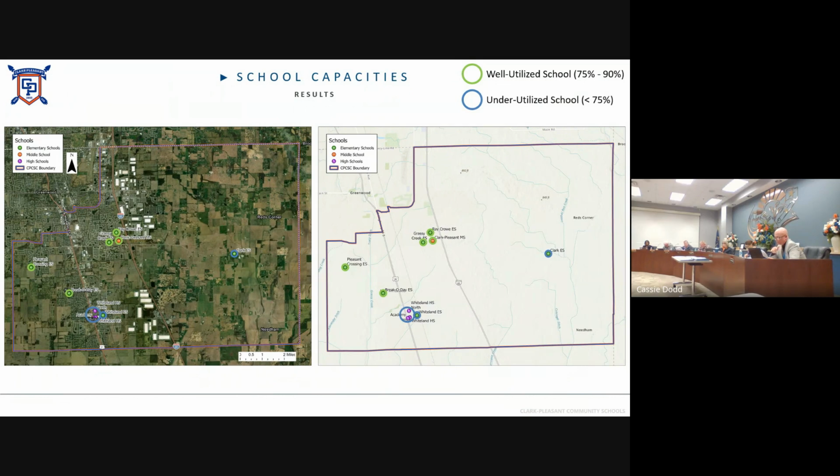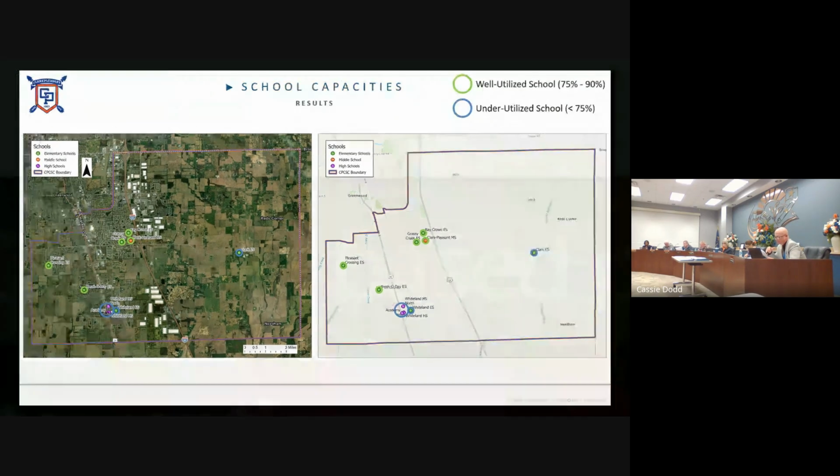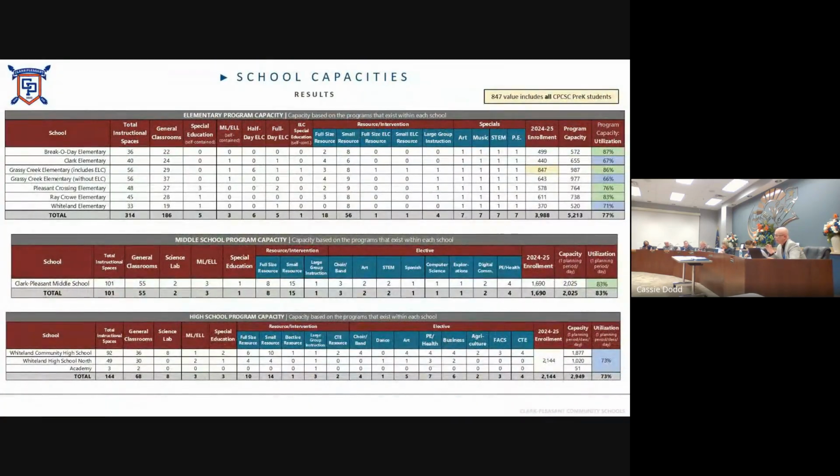Probably a couple of questions. Whiteland Elementary has a program capacity of 71%, but that's probably one of our smallest elementaries with respect to the least number of sections per grade level. I think maybe 3 sections, where many of our other elementaries will have 5 and 6 sections.